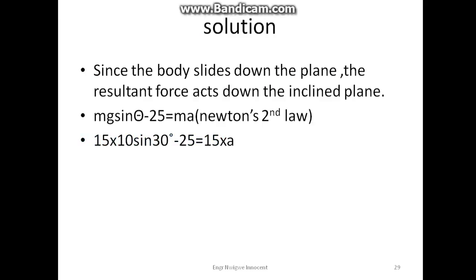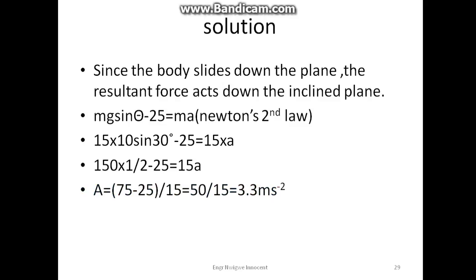15, the mass, times 10, the acceleration due to gravity, times sin 30 degrees of the inclined plane, minus 25 is equal to the mass, which is 15, times a. 150 times 1 over 2 minus 25 is equal to 15a.